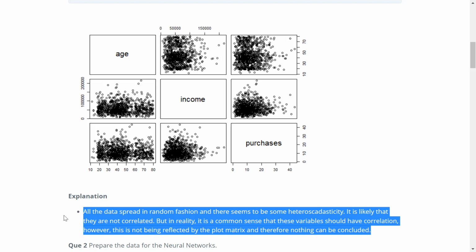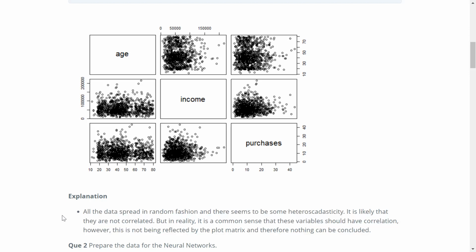We have already covered this in the previous module, so I'm not going to explain it again. Now let's read further. What does this explanation say? It says that it is likely that they are not correlated, but in reality, it is common sense that these variables should have correlation. However, this is not being reflected by the plot matrix, and therefore we cannot conclude anything.